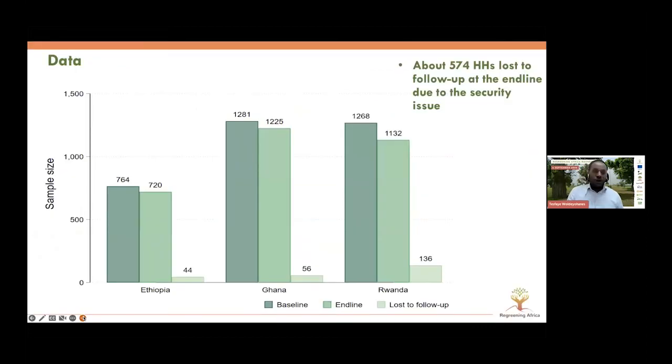Before I go there, I just want to put some of the things into context. What I'm going to present here is only for 3 countries, Rwanda, Ghana, and Ethiopia, for which we have already analyzed the endline data. I'm also focusing only on some of the indicators, and the result will not capture everything.